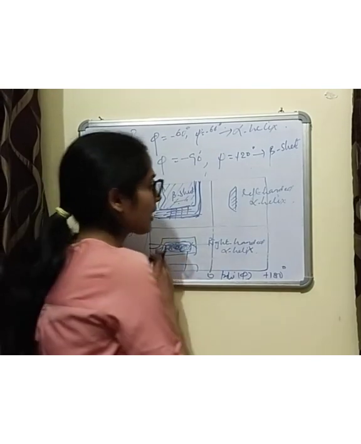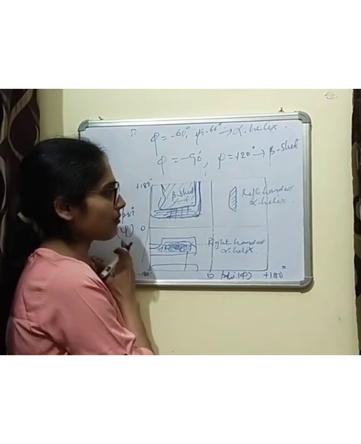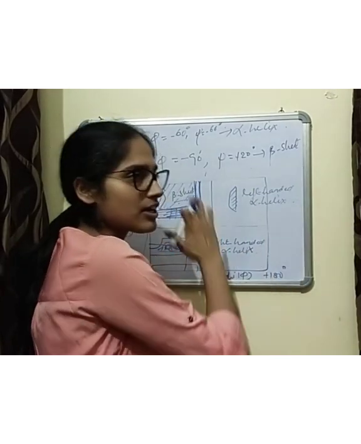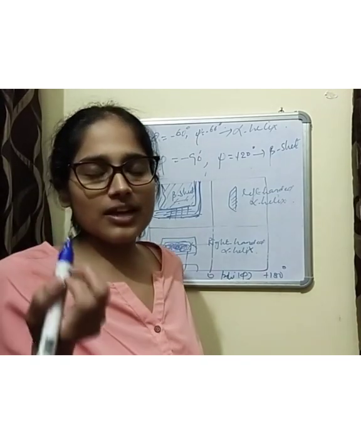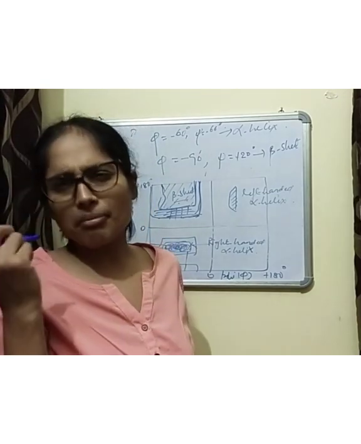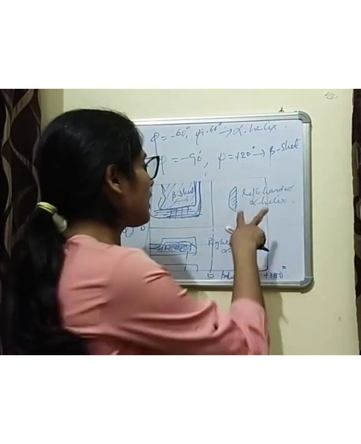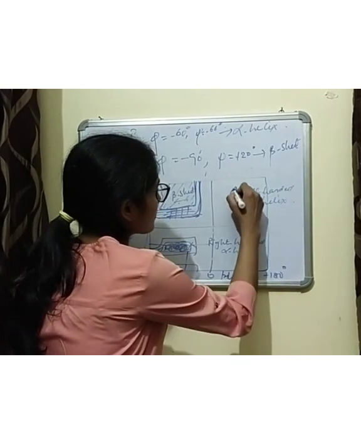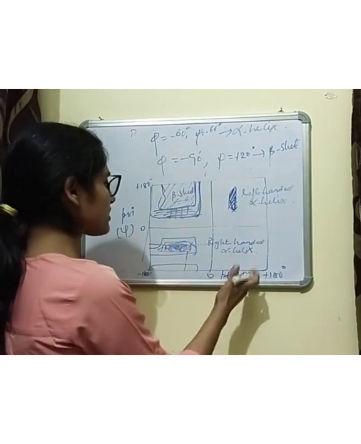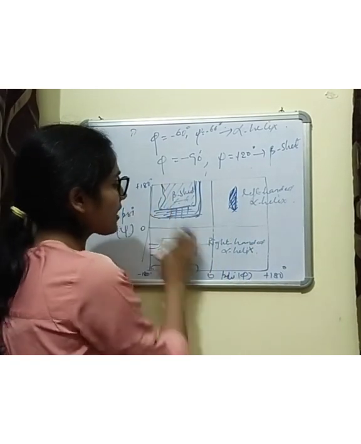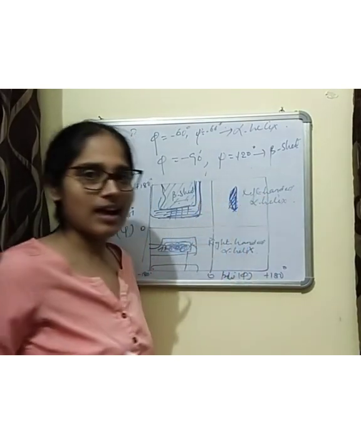However, they cannot form extended regions of left-handed alpha helix. But at certain points, there are very few points, they may form left-handed alpha helix. So the region is very small for left-handed alpha helix, and it is mostly where both phi and psi angles are positive.